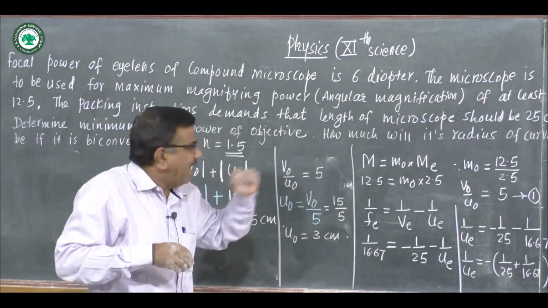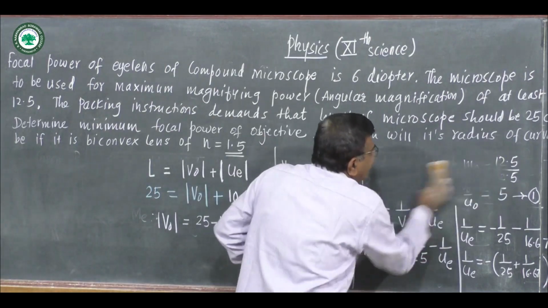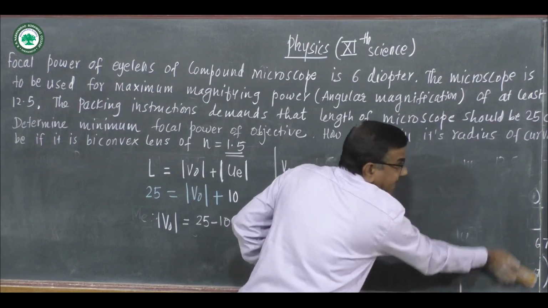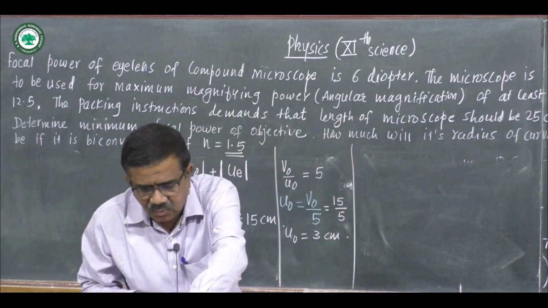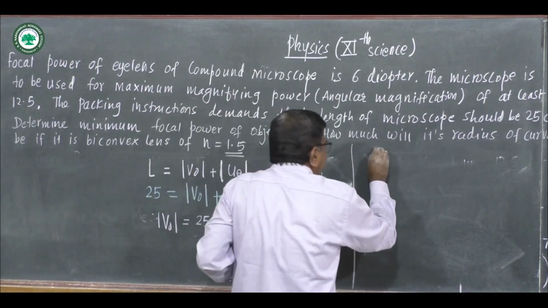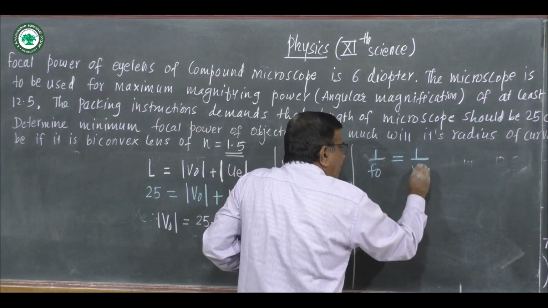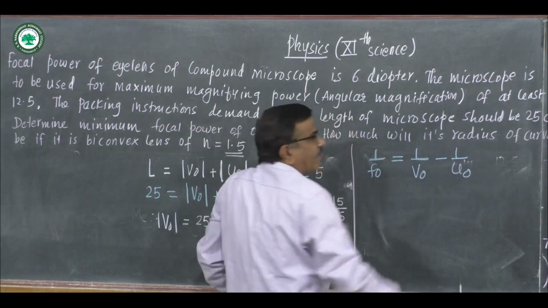Now, similar to the eyepiece, we also write the lens formula for the objective. 1 upon FO is equal to 1 upon VO minus 1 upon UO.